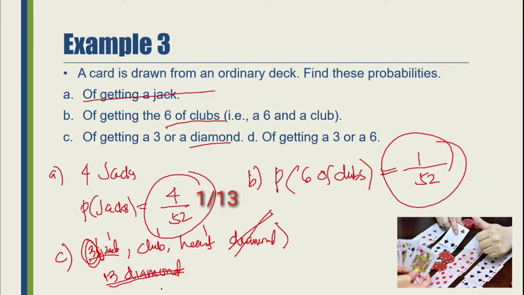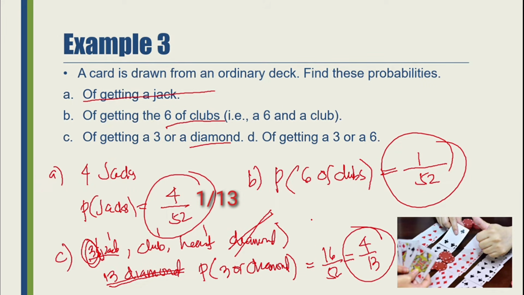So therefore, the probability of 3 or diamond is 16 over 52, which is equal to 4 over 13.